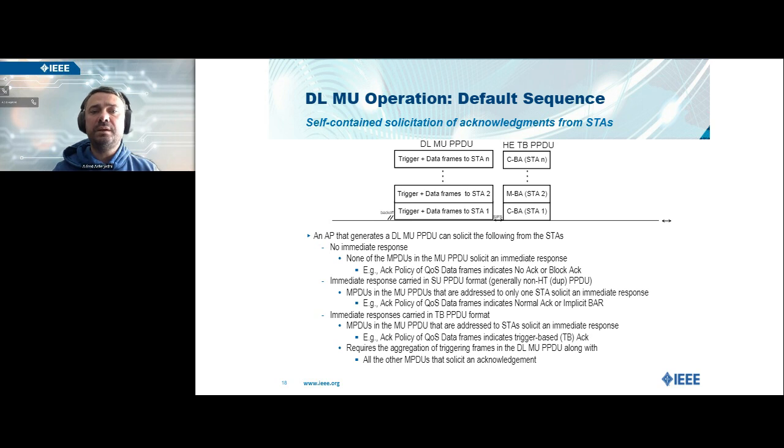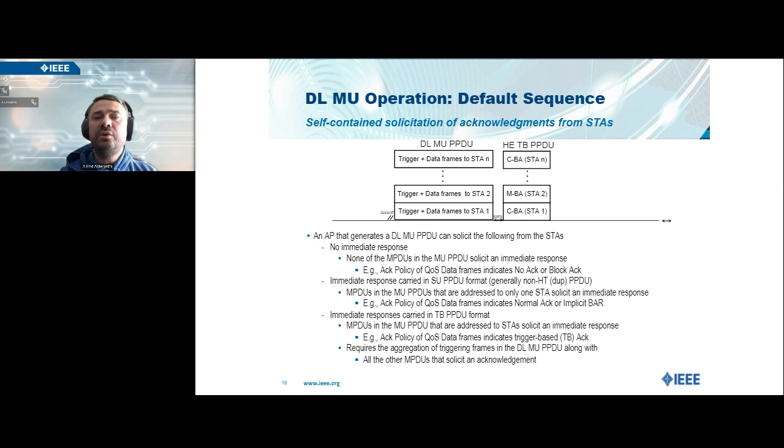If the ACK policy is set to indicate no acknowledgement or block acknowledgement, it essentially means that the access point is telling the station to store the receive status of the MPDU, but not to generate an immediate response, because the access point is counting on soliciting that response at a later time. And the other case is that at least one immediate response is being generated, and that immediate response is to be carried in an SU PPDU format.